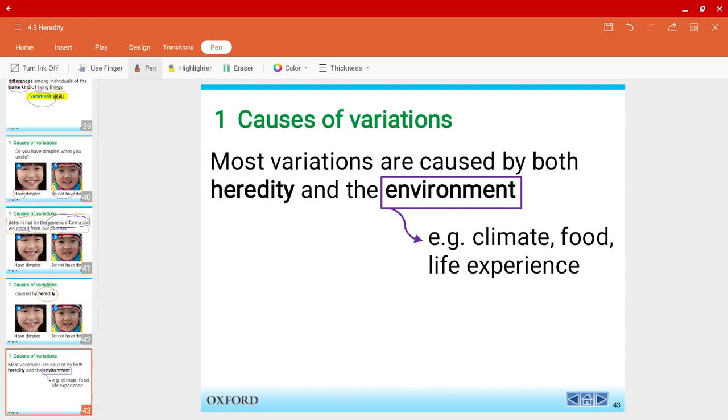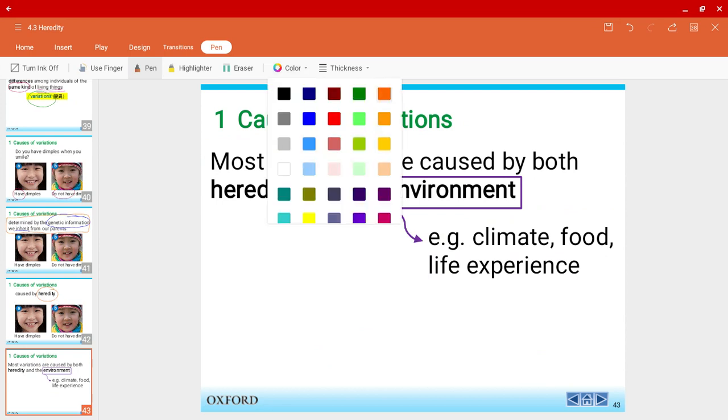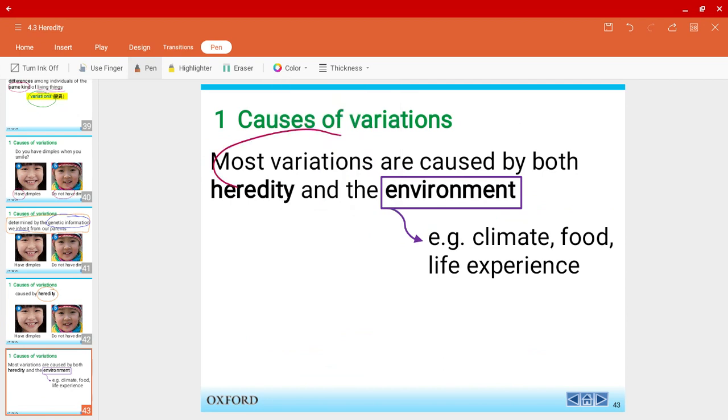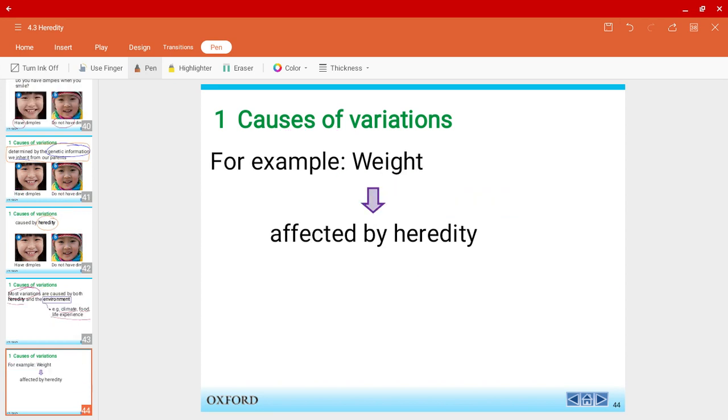Most variations, however, interestingly, are caused by both heredity and the environment. For example, the environment includes the climate, the food we eat, and our experiences in life. Let's use one example: weight. The weight of a person can be affected by heredity.